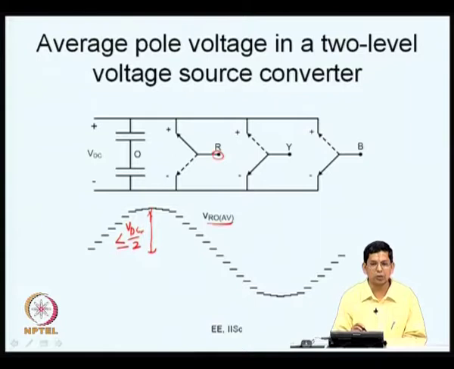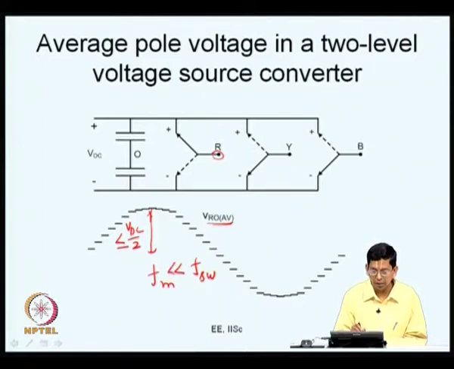So, it is possible to control the amplitude such that this VRO average peak value does not exceed VDC by 2, and the frequency can be varied over a wide range, but this line frequency or the modulating frequency, let me call this FM, is to be lower than the switching frequency. In fact, I would say it is typically much lower than the switching frequency of the inverter. Those are the conditions now.